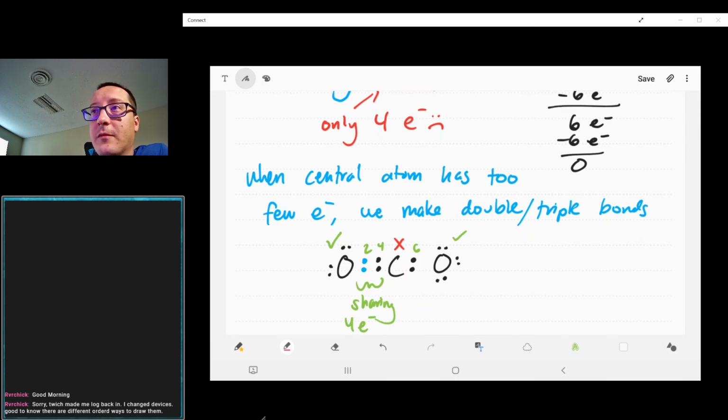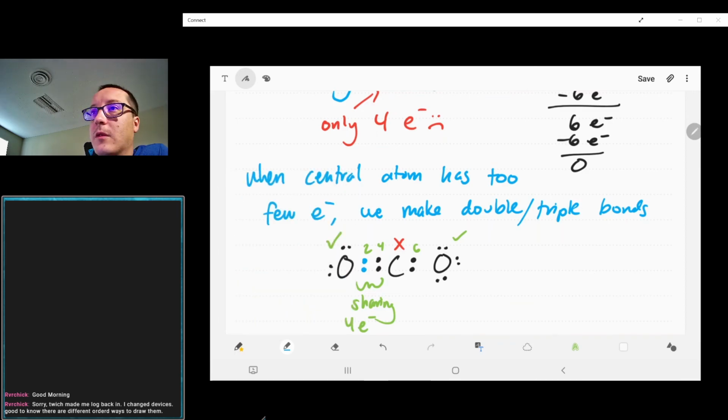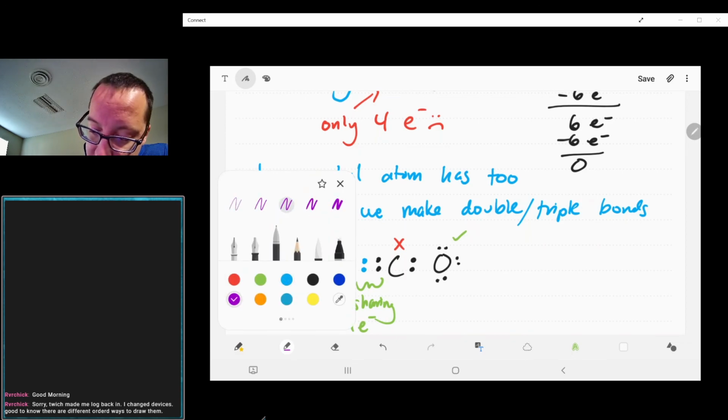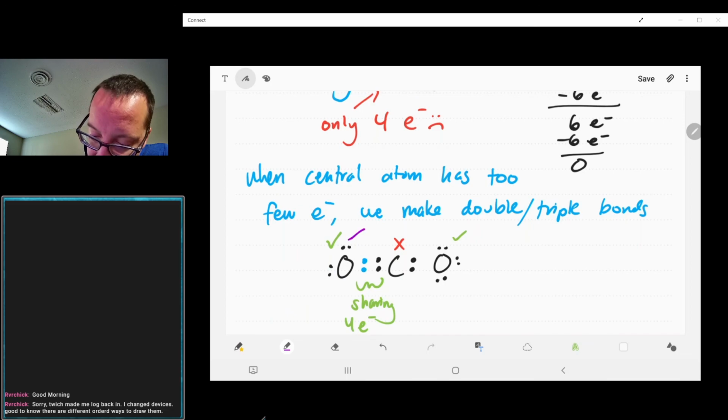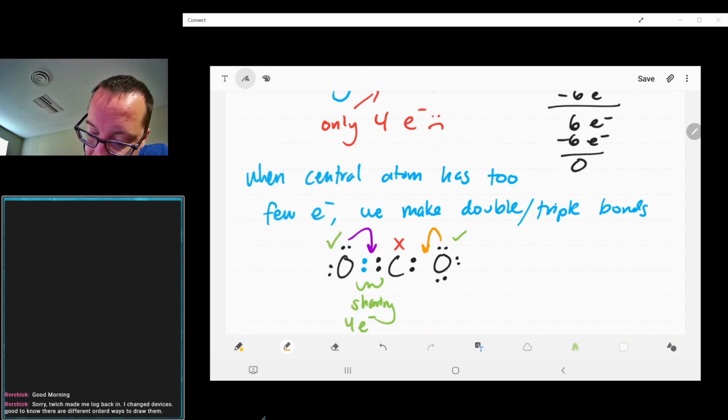So, we have the option now to share another pair, to try and make this carbon happy. And so we have 2 options here. Let me use different colors so we can see. We can maybe dump that lone pair into making it shared, or we can take one from the other side.